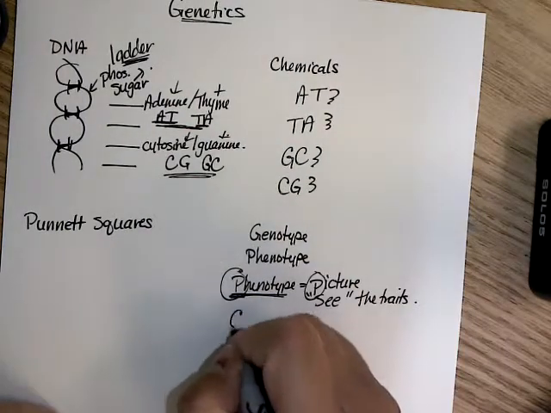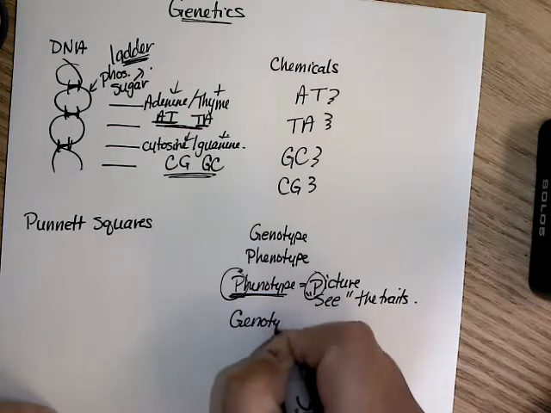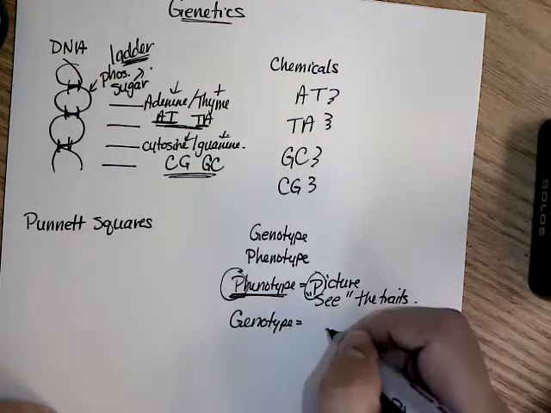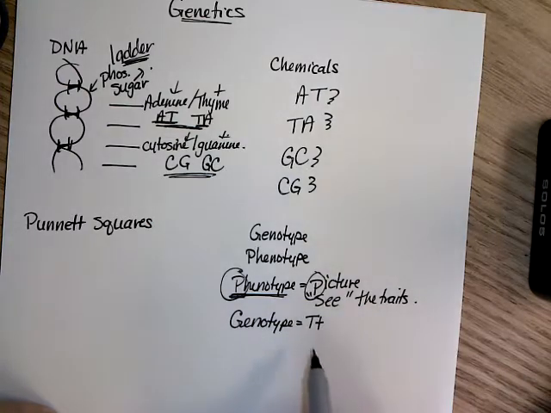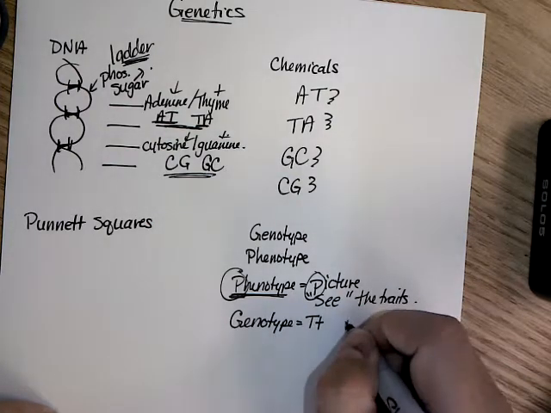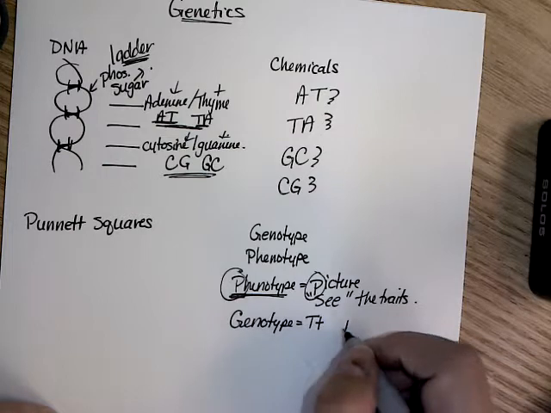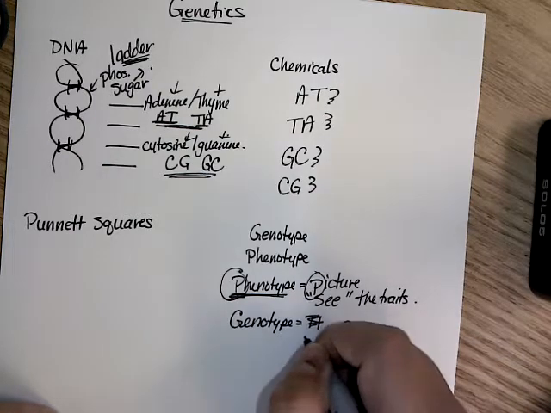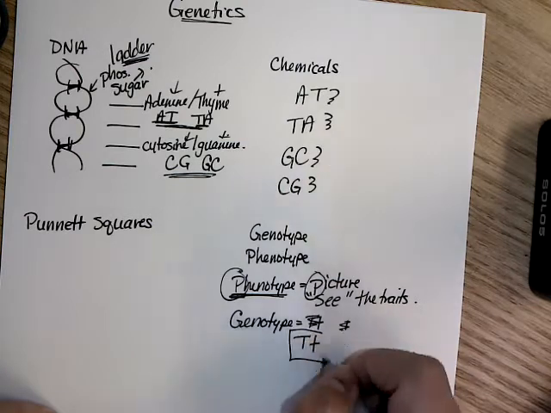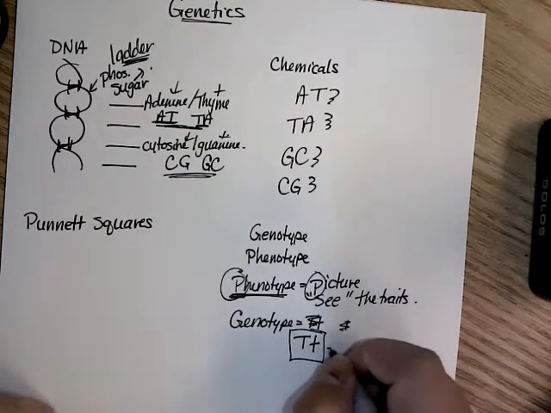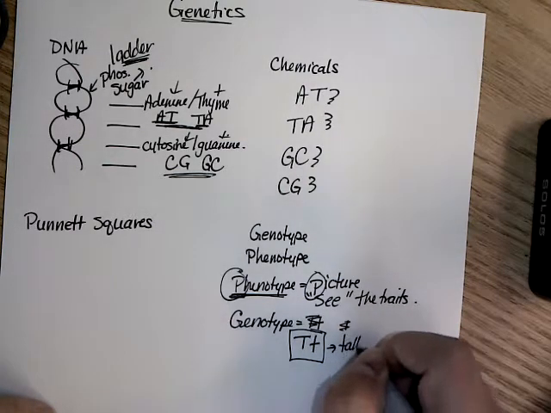That is different from a genotype. The genotype are the 2 letters or the 2 traits that come together to make up a specific characteristic. For an example, I'm going to have big T and little t. That is a code for, let's say, how tall you are.